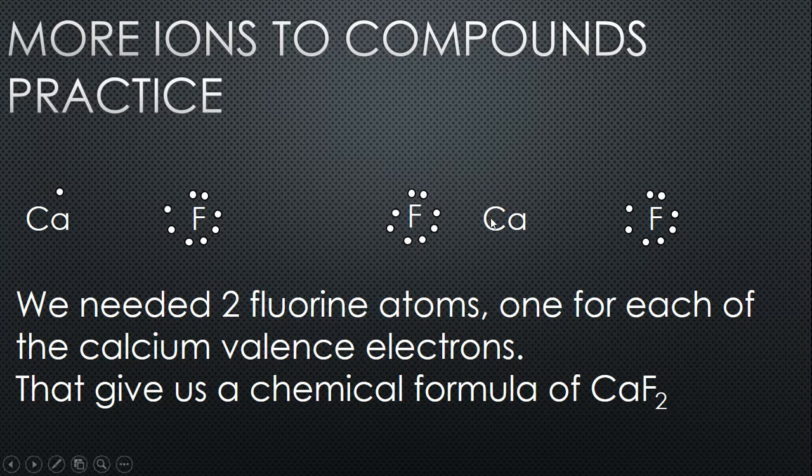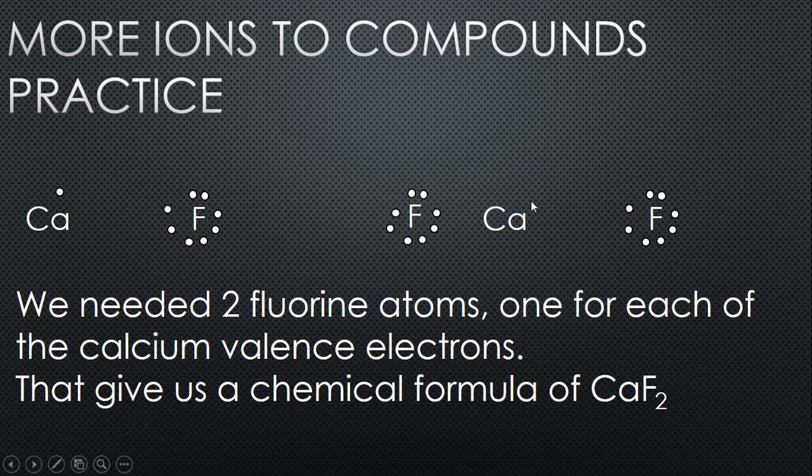So that gives me a calcium with a +2 charge, right, because it lost both of its original electrons. And then it gives me 2 fluorines with a -1 charge. So you'll notice if I say, okay, -1 plus -1, that's a total of a -2 charge.